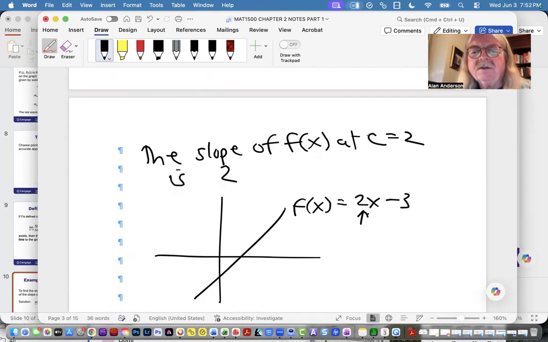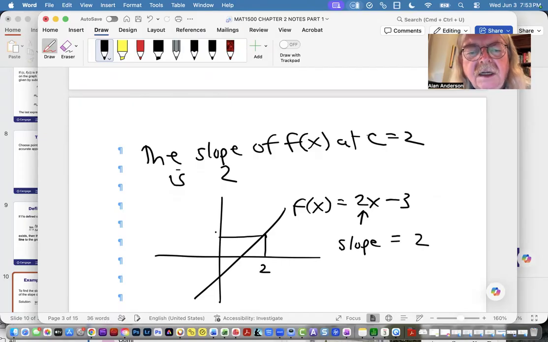And of course, it's equal to 2. So if I were to try to describe a tangent line here, well, it would just be touching at that exact point, and the two would have the same slope. It would look something like this. They'd both be exactly the same shape.